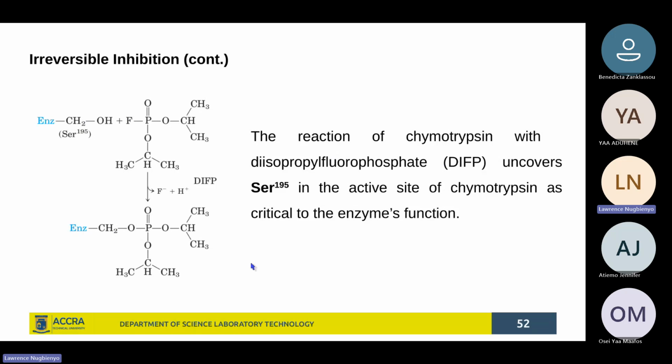Now, if you look at the labels of some insecticides, for instance, you will see DIFP, or some compounds that are fluorophosphates, and these fluorophosphates can bind to, for instance, a neurotransmitter-related enzyme.